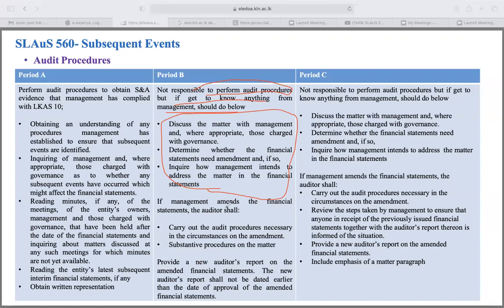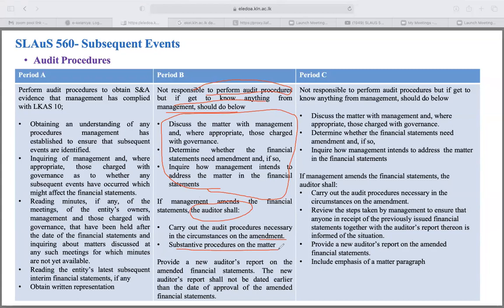If management amends the financial statement, the auditor shall carry out the audit procedures necessary in the circumstances on the amendment, subsequent procedures on the matter, right? Why are we doing that? Because now management decided to amend the financial statements.